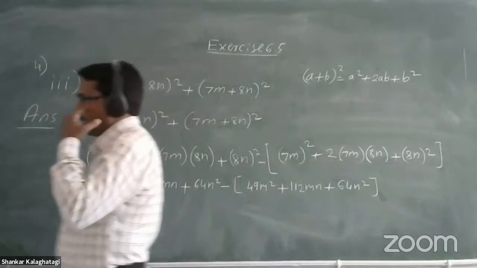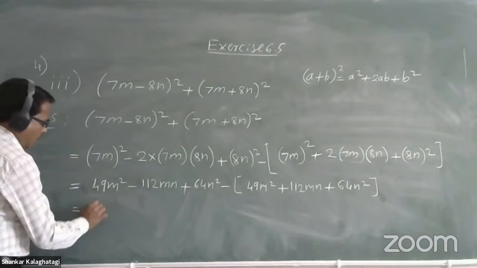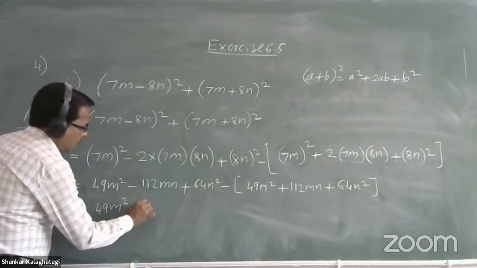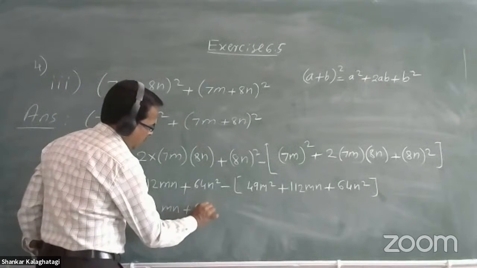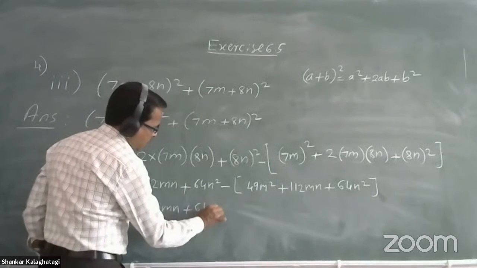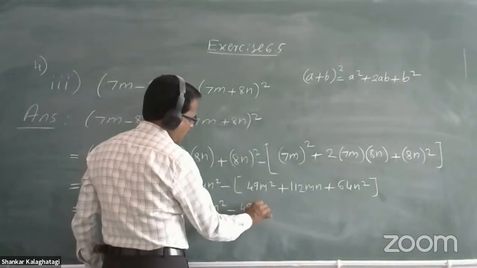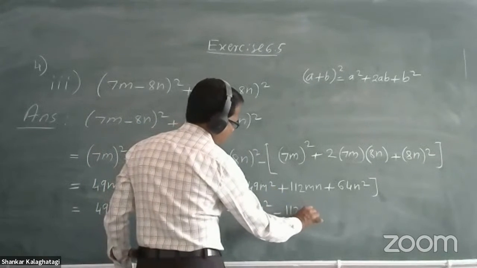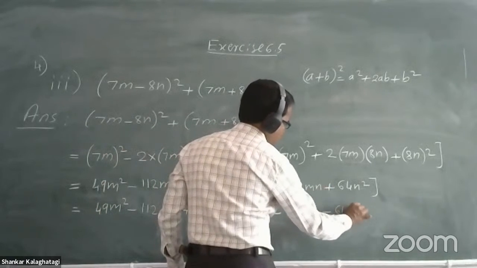Now multiply the minus sign inside: 49m^2 - 112mn + 64n^2 - 49m^2 - 112mn - 64n^2.